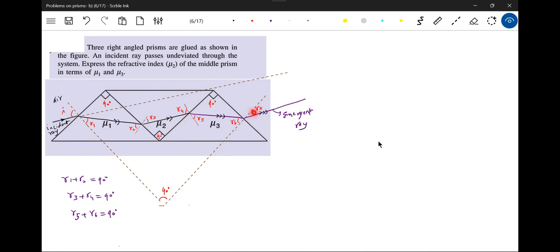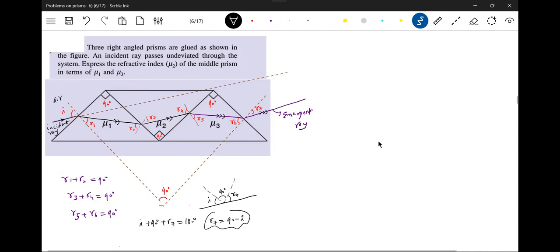So R7 plus I should be 90 degrees as they're parallel. So this is I, 90 degrees, this is R7. Therefore, I plus 90 degrees plus R7 equal to 180 degrees, or R7 equal to 90 minus I. Very important. You can't solve the problem without this data.